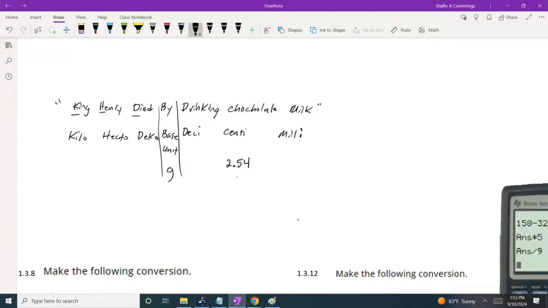So in order to convert it to meters, remember our base unit is meters, I move 2 places to the left. So that means 2.54 centimeters. If I move my decimal once, I'm in front of the 2. If I move it again, then I must place a 0 in front of the 2. That equals 0.0254 meters.